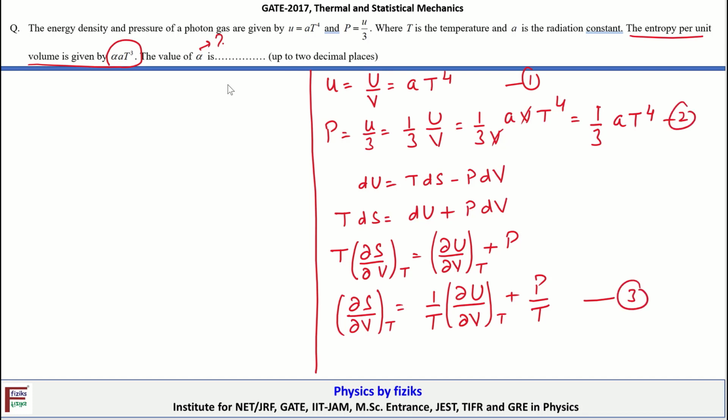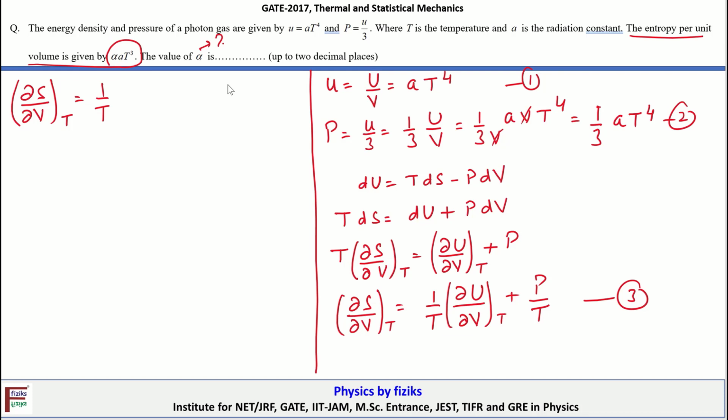In equation 3 now we are going to substitute the value of dU by dV with the help of equation 1. Let's see what we obtain. dS by dV at constant temperature is equal to 1 upon T, and then dU by dV. So dU by dV is how much?